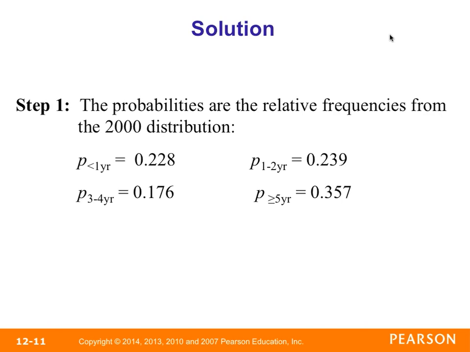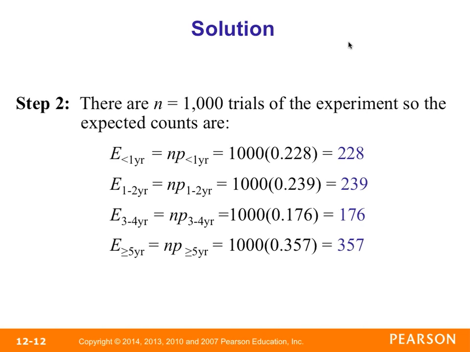So step 1 is to identify the probabilities, and we have them listed here. These were given in the setup of the problem. You want to change them so that they're decimals instead of percentages, so you move your decimal 2 places to the left. So for year 2000, this is the distribution that was given. Probability of less than 1 year was 0.228, and so on. So there are n equals 1,000 trials for our new experiment.